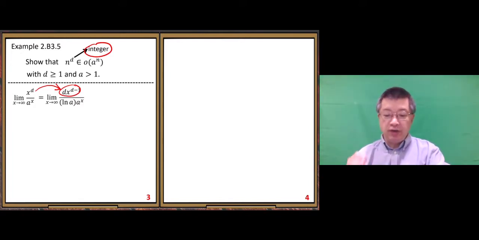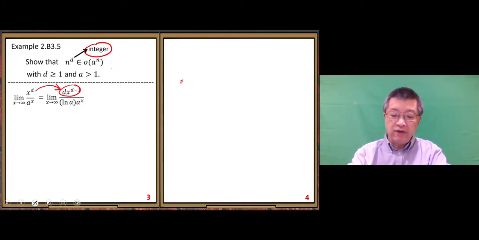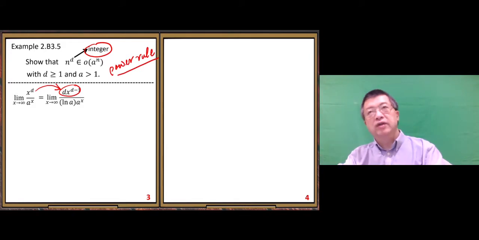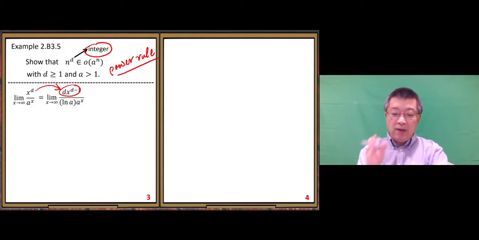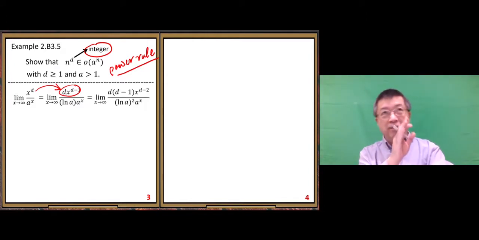In the derivative, we have the power rule for power functions. So you can find we use the power rule here. Some students may forget this power rule. Apply it another time, another power rule, and we get that.